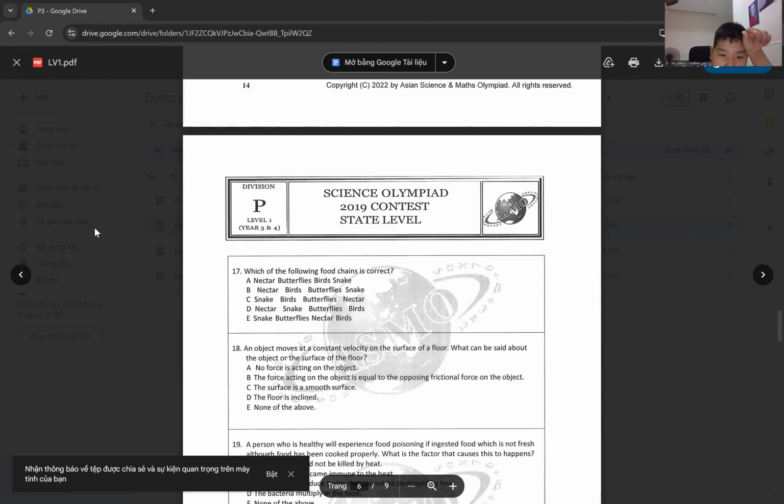Which of the following food chains is correct? First of all, the question is so confusing. I think the question means from the start to the end. So that means we could identify and eliminate these two. But have you ever seen a snake eat some nectar? Of course not. You've never seen a snake get eaten by a butterfly.